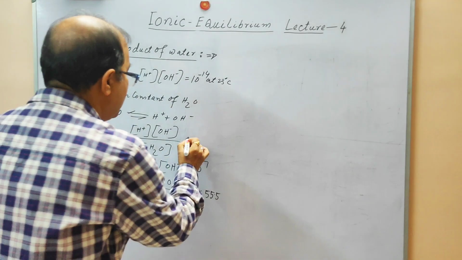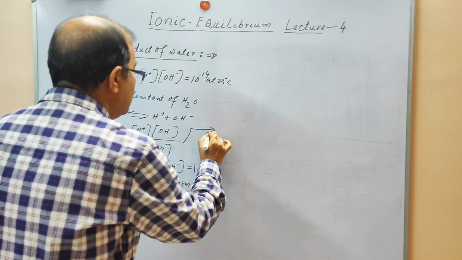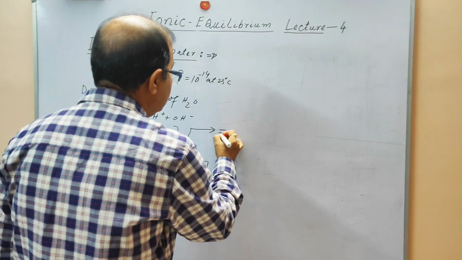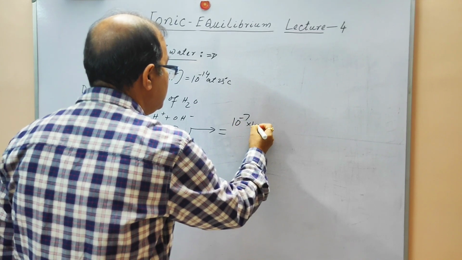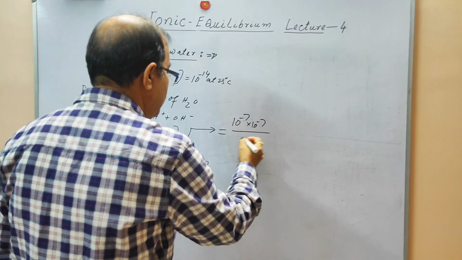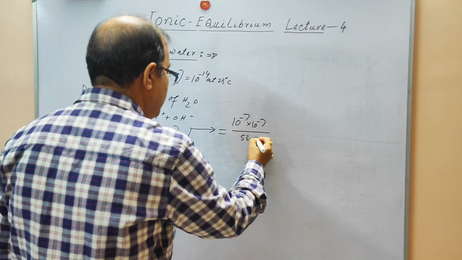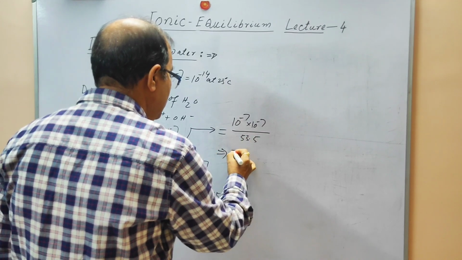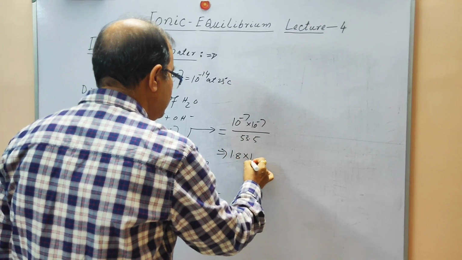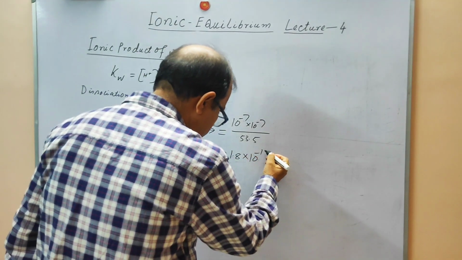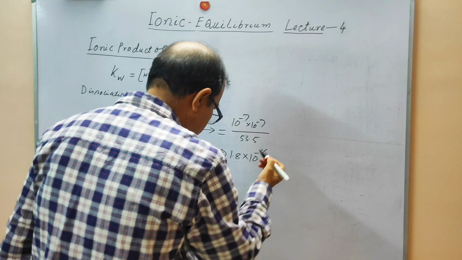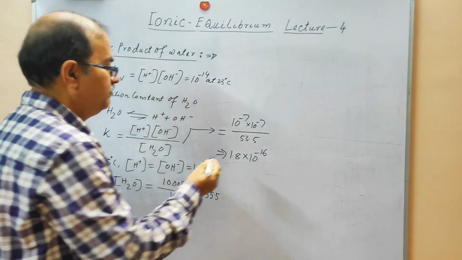So we just put in these values of molar concentration, that is 10 to the power minus 7 into 10 to the power minus 7 divided by 55.5, and we will get a value of 1.8 into 10 to the power minus 16.